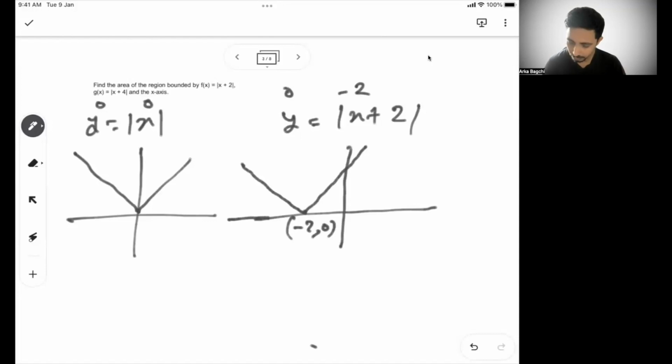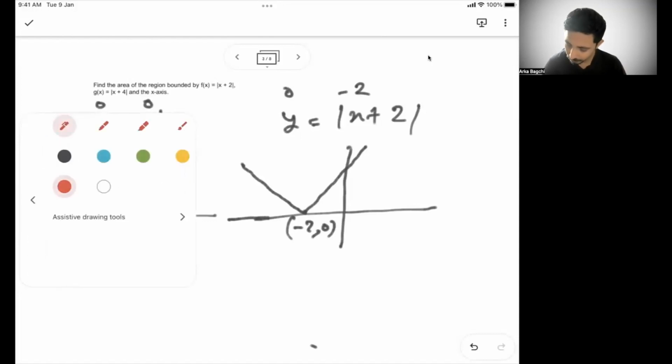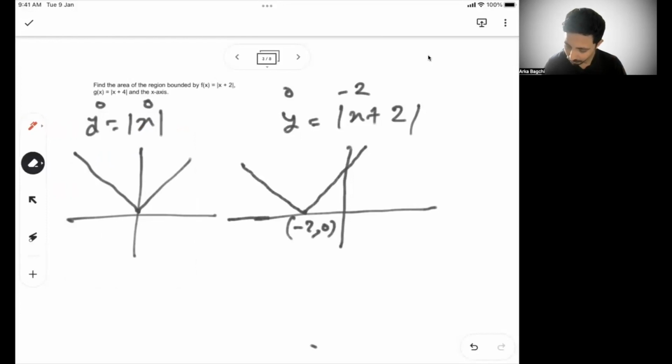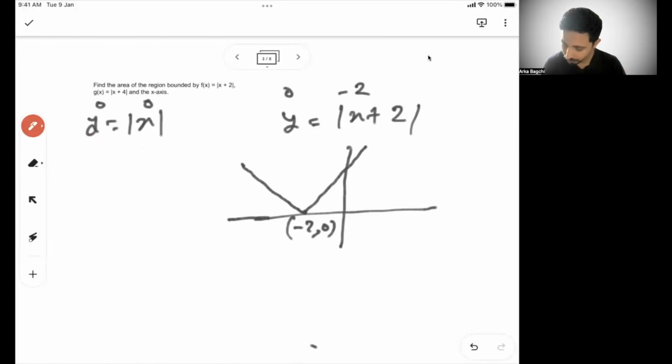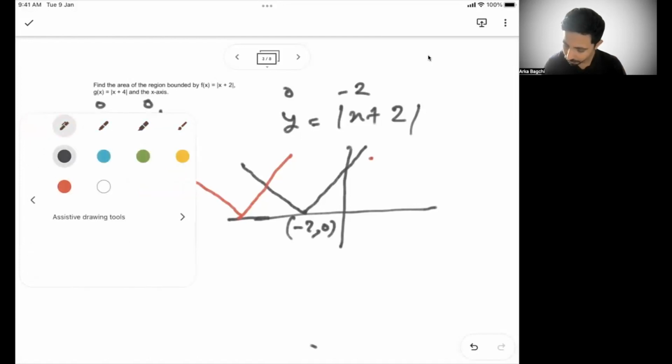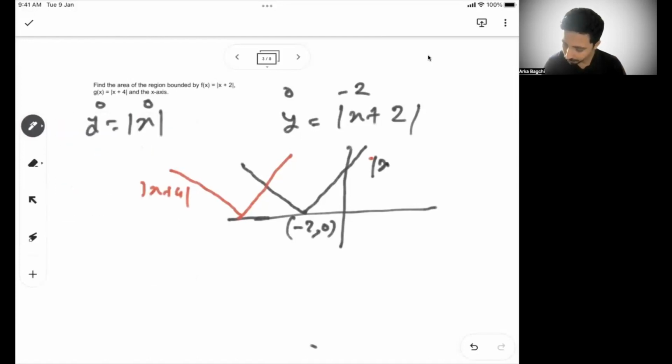Similarly, there is another graph which will be shifted. Yes, this is |x + 4|, and this is |x + 2|. Right? So these are the two graphs and the x-axis.